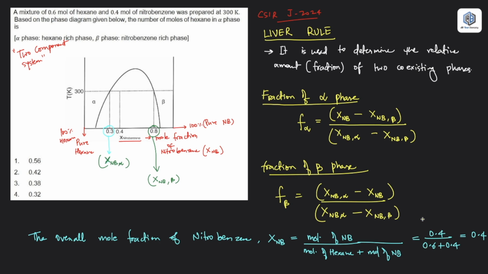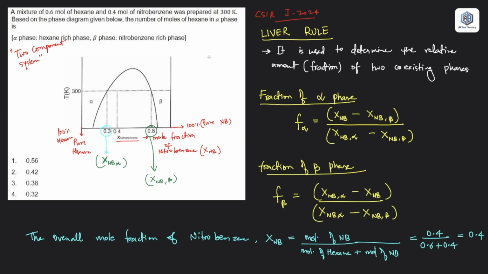So you can calculate the mole fraction of hexane also, right? Now let's look at what the question was asking us. The question was asking the number of moles of hexane in alpha phase. Okay, remember what they were asking.